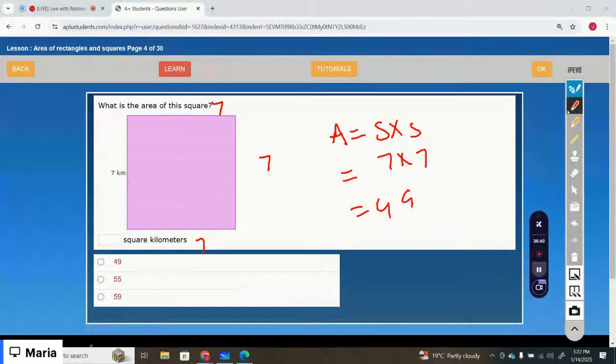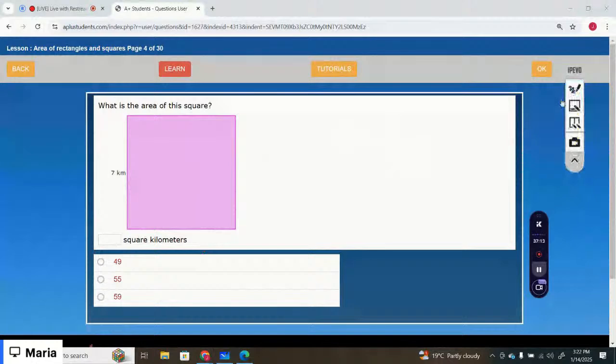Got it? Any question? The correct option is option number 1, that is 49.